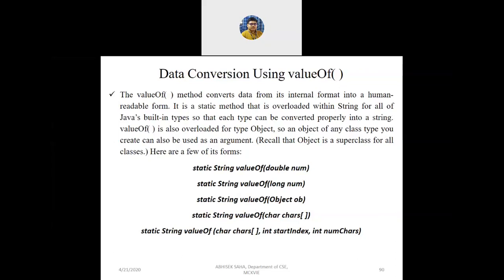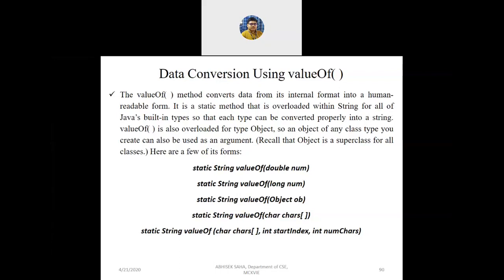So what this valueOf method does is convert data from its internal format to human readable format. Try to understand. Look, this is a static method, that's why the type signature says static, and it basically returns a string.